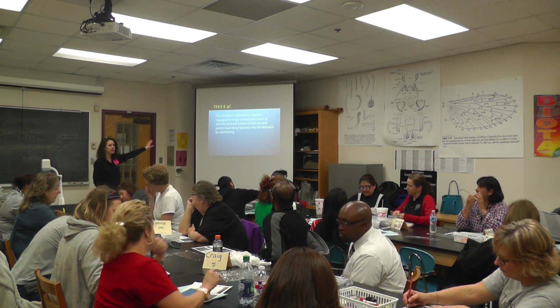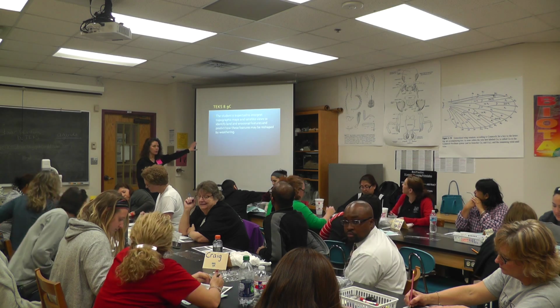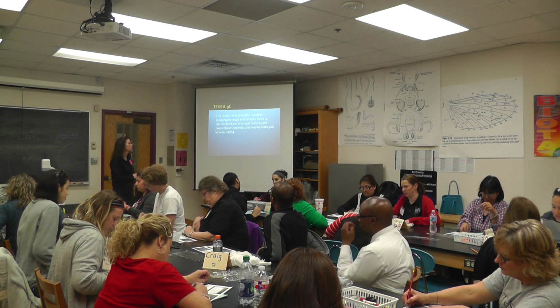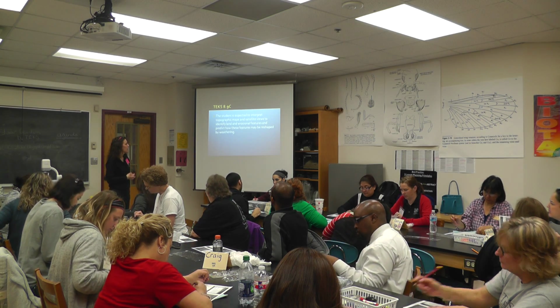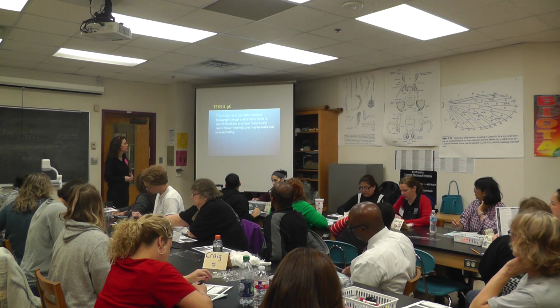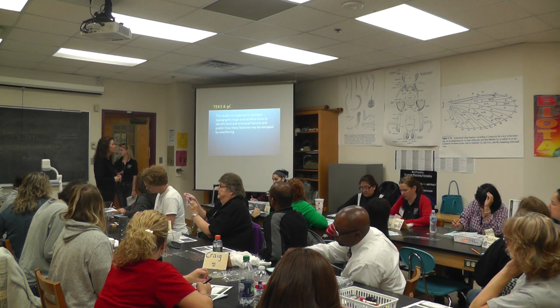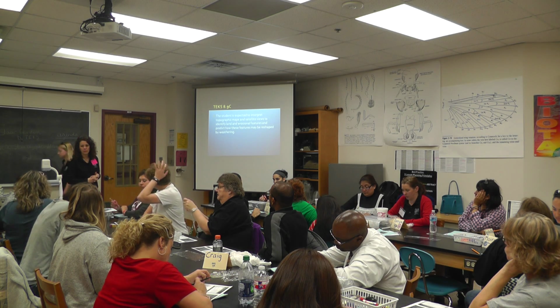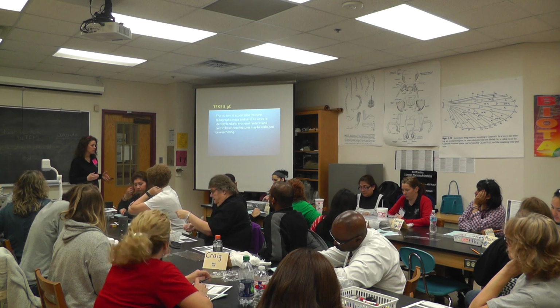So here is the TEKS for 8th grade that we're going to look at today. The student is expected to interpret topographic maps and satellite views to identify land and erosional features and predict how those features may be reshaped by weathering. That's a lot.